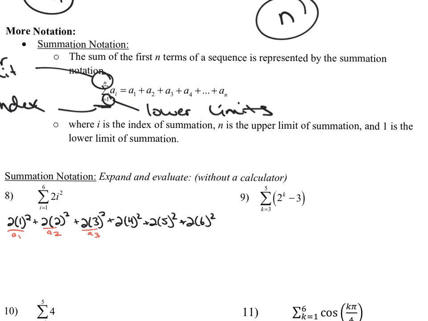So 1 squared is 1, times 2 is 2, plus, this turns into 8, 18, 32, 50, and 72. And then we need to add these all up. 18 plus 32 is 50, plus another 50, 100, 172, 180, 182. So we should get 182.